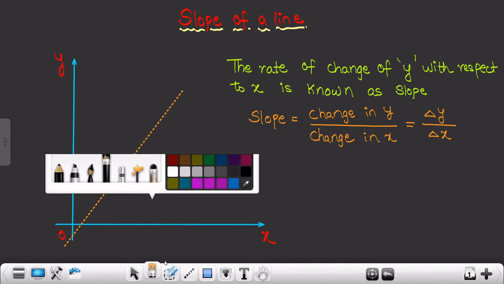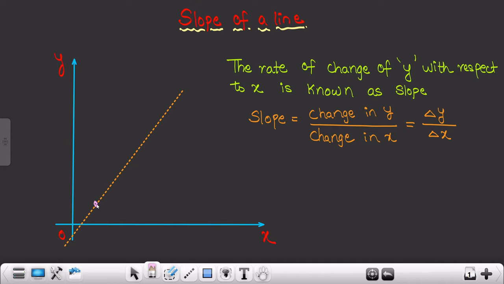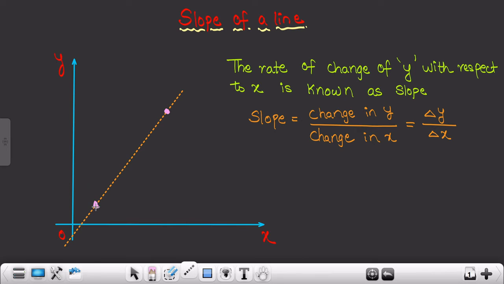Now let's suppose I'm considering these two points, this one over here as the first point, and this would be the second point. Let me draw the projections. This is the first projection, this is the second projection.